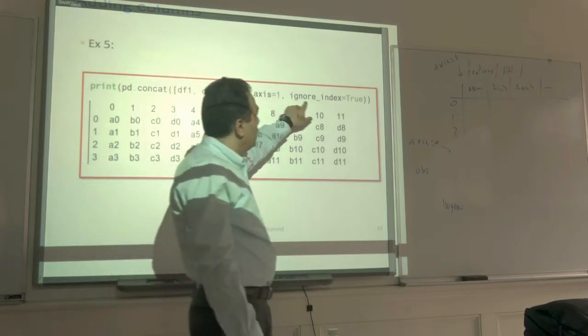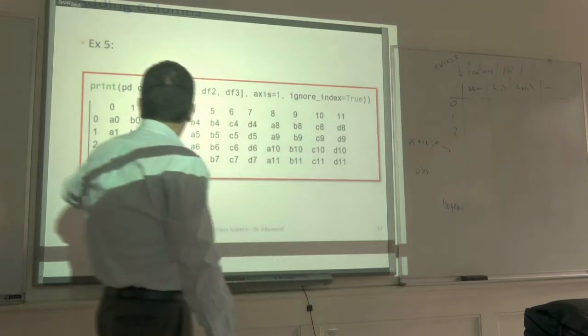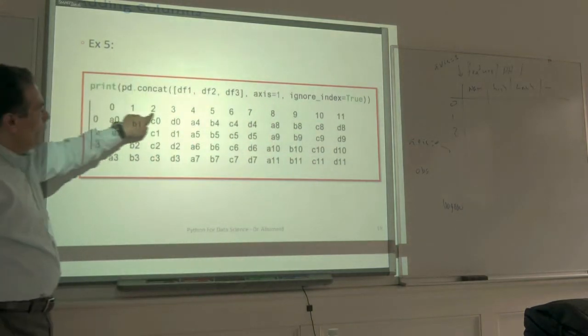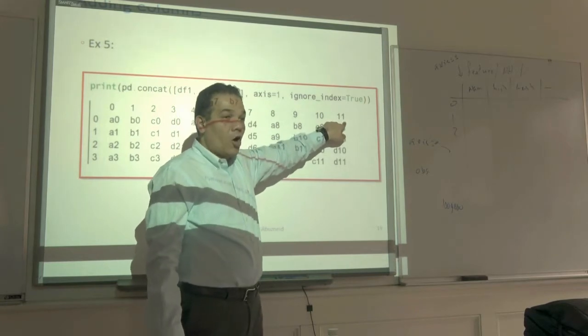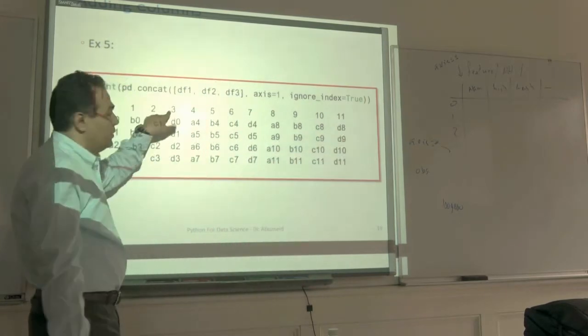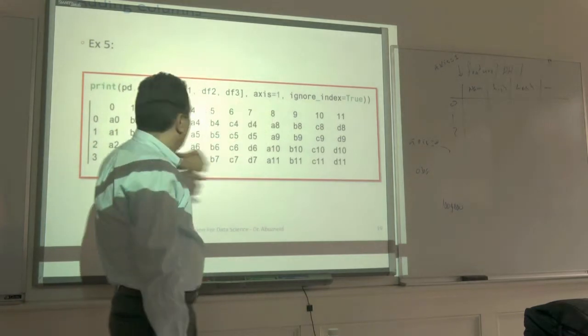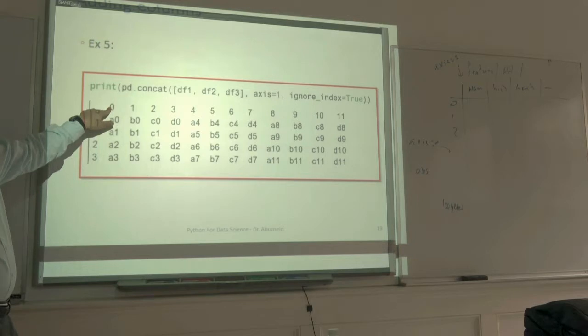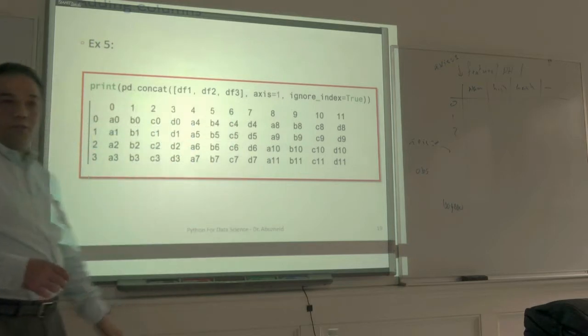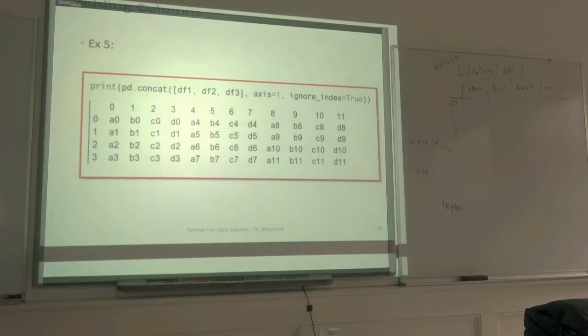And then I said ignore index true. So ignore the index. It did not copy the index. It did not put A, B, C, D, A, B, C, D, A, B, C, D. So it created a new numerical index.